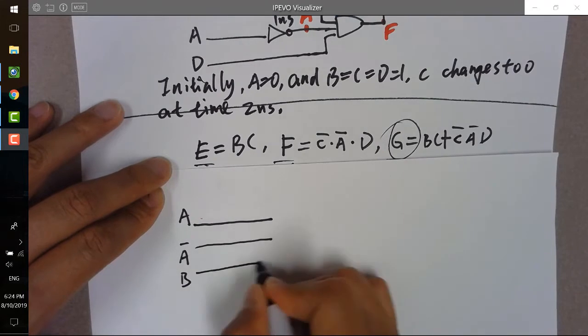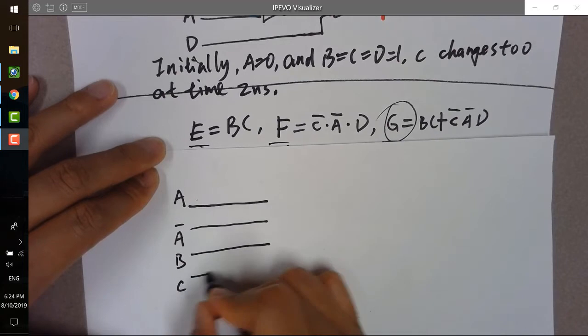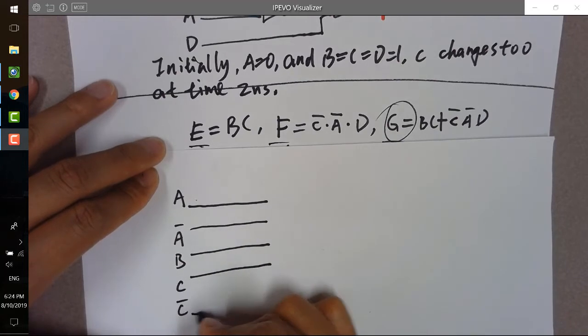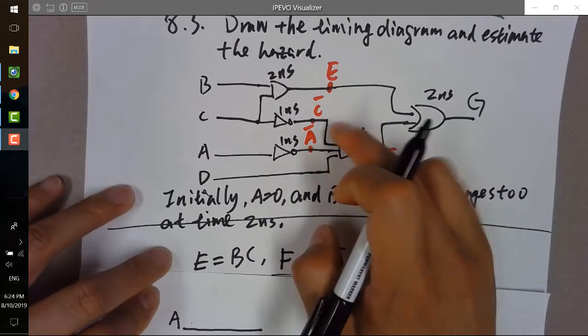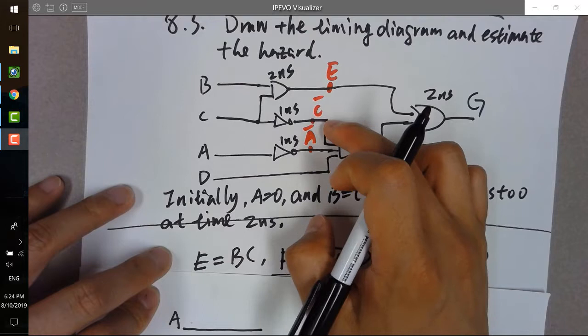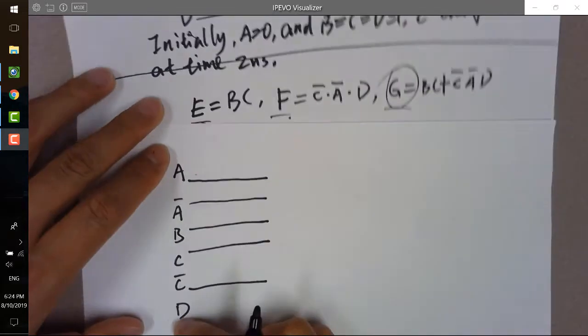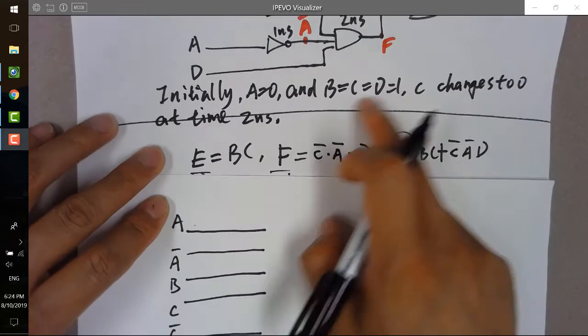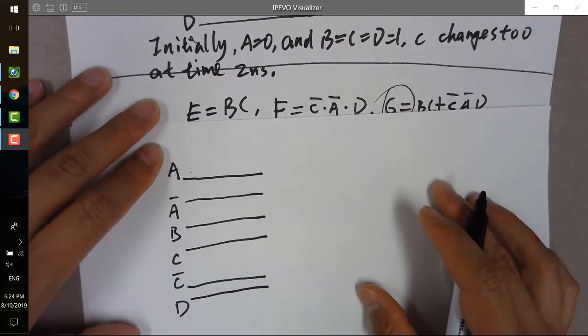B is 1, C is 1, so C bar will be 0. The reason we put C bar here is because C bar participates in some of the operations here, so we need to draw the C bar. And BCD is 1 in the beginning.